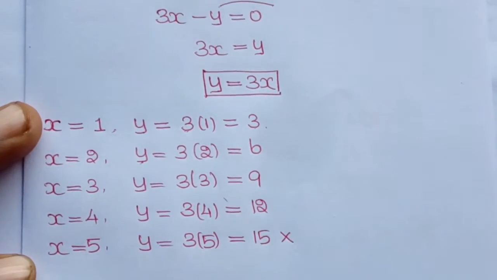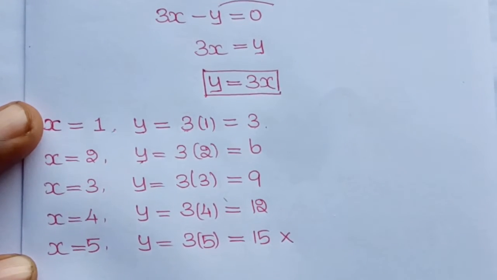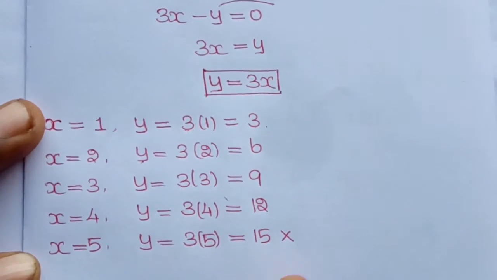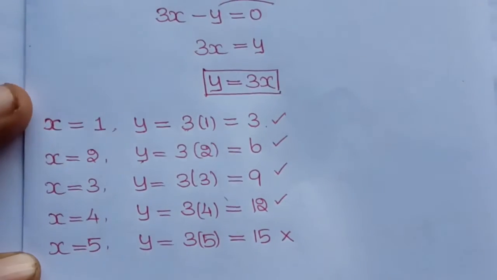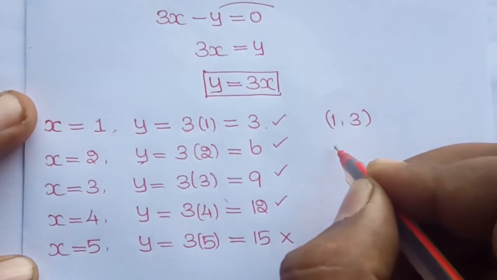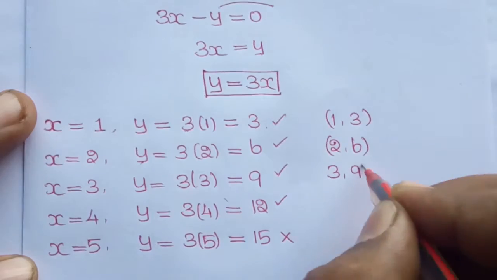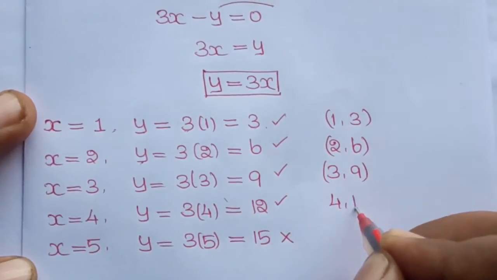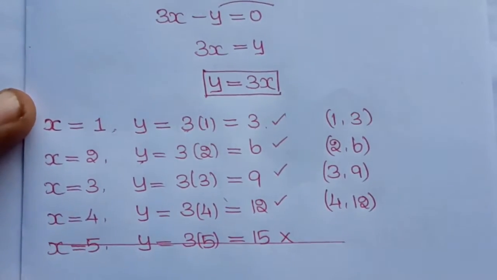But 15 is not in our set. Our set consists of the elements from 1 to 14 only, so this is not possible. So there are these 4 possibilities only: (1, 3), (2, 6), (3, 9), (4, 12). 15 is not in our given set, so that is not possible.